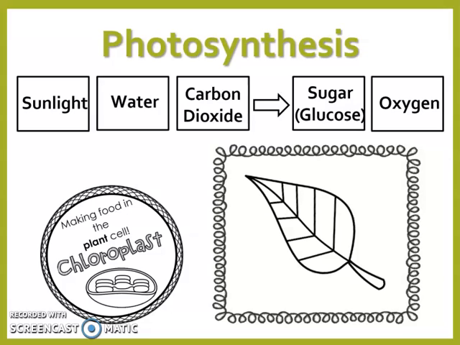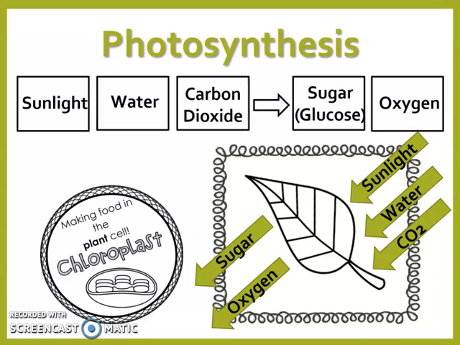Now I want to draw that into the leaf because seeing it in the equation form is all well and good, but I want you to realize that these three things are going into the plant, and the sugar and oxygen are being made by the plant. So the sugar is going to sometimes leave the leaf. It's not going to leave the whole plant.